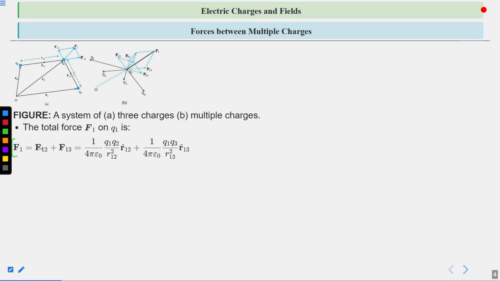F1 is equal to force on charge first due to second plus force on charge first due to third. Now what is F12 and what is F13? F12 is 1 upon 4 pi epsilon naught Q1 Q2 divided by r square 12, r cap 12, plus F13, 1 upon 4 pi epsilon naught Q1 Q3 divided by r square 13, r cap 13. So this is the vector sum of individual forces, the net force on the charge Q1.